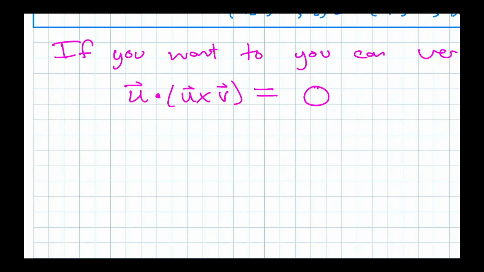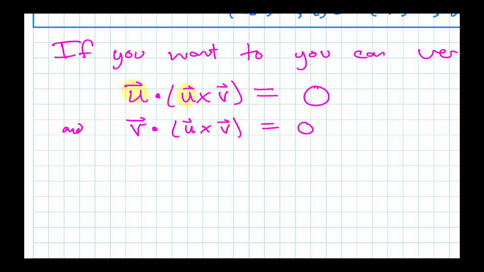So 0 automatically. Whenever you see something like this, where you've got this vector U and you've got this vector U in a cross product, you know that the result's going to be 0, because this cross product has to be orthogonal to U and to V, and this is U. So this is automatically 0. And also, if you do V dot U cross V, that's also going to be 0 for the exact same reason.